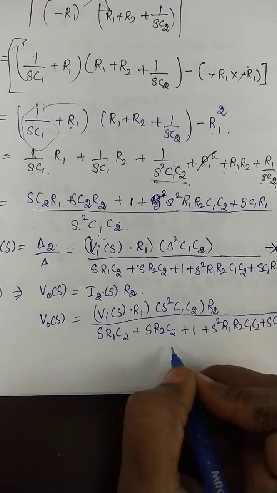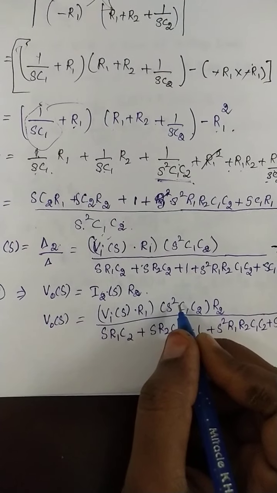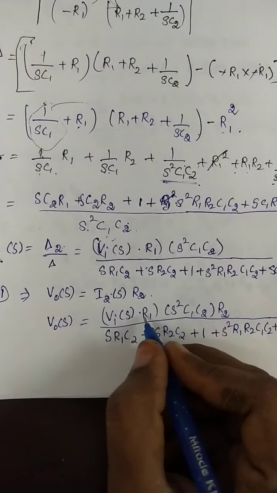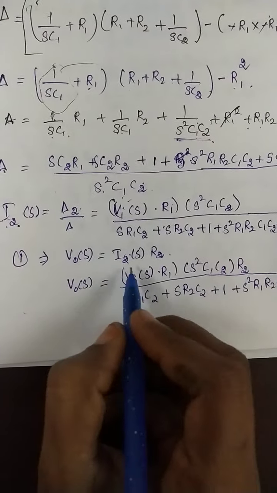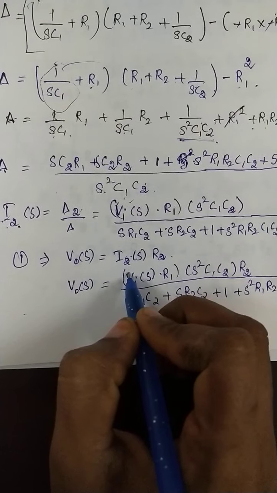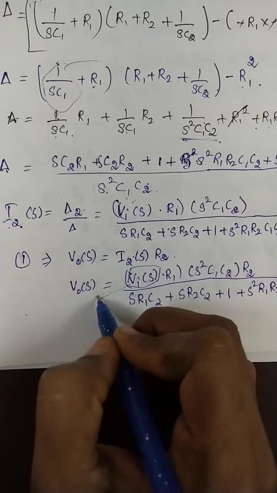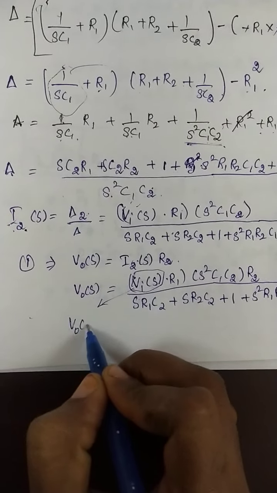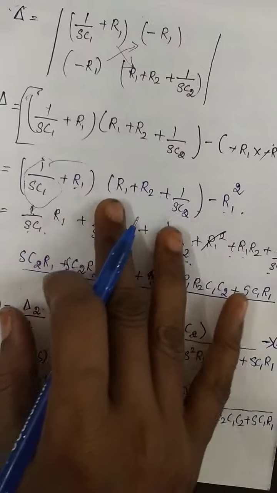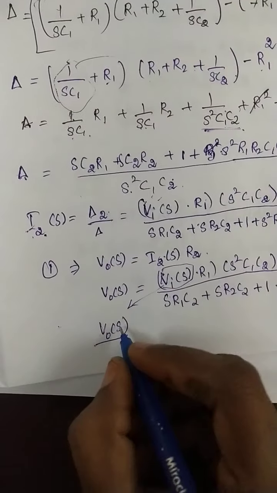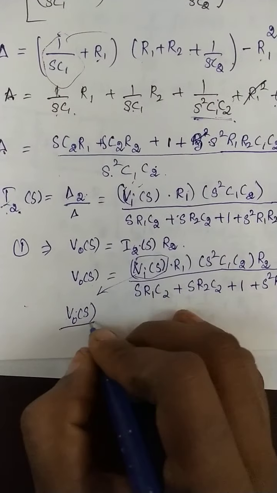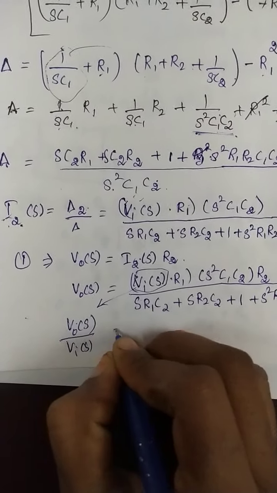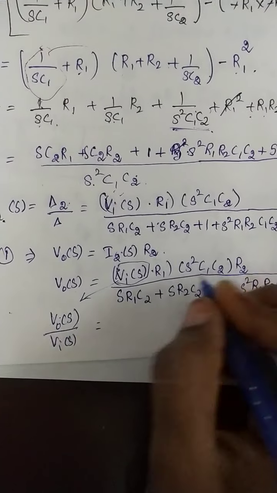So again you may simplify this. How do we simplify? Just intermultiplication. So what is this? Just you are taking this Vi of S in this one. You may find the transfer function. So V0 of S divide by Vi of S. So you are finding the remaining term. What are the remaining term?